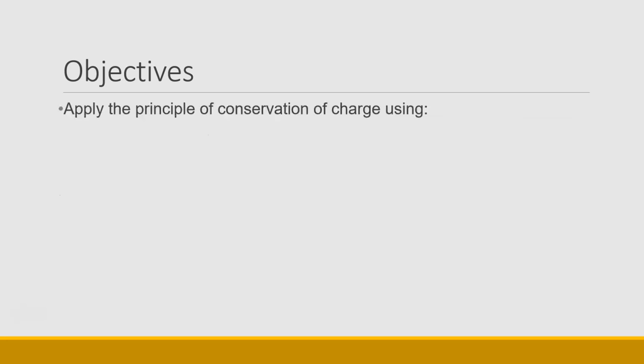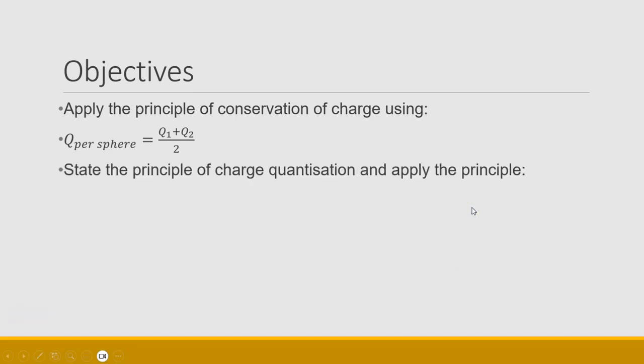We will apply the principle of conservation of charge using this formula, where the charge on each sphere is equal to the sum of the charges on two spheres divided by 2 when they come into contact with each other and then they separate.